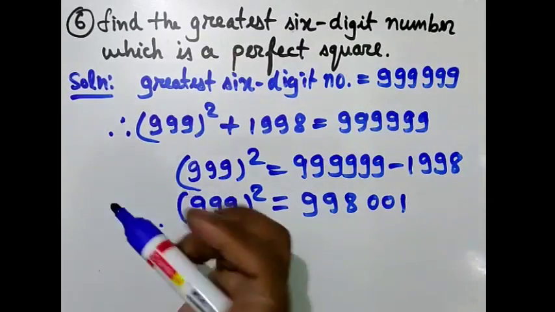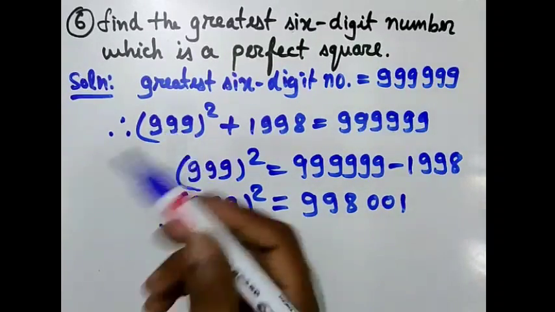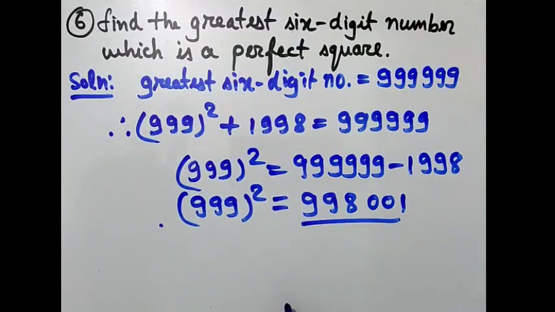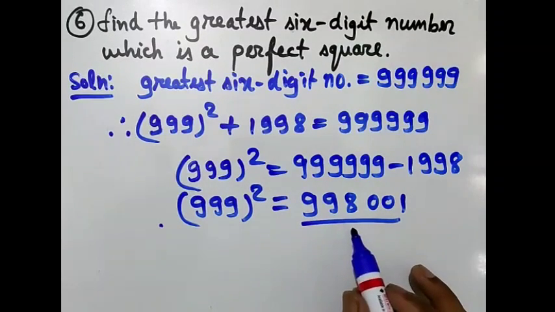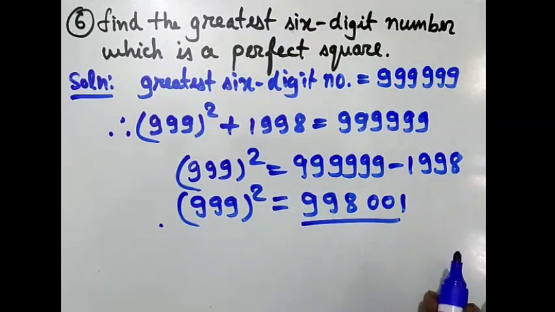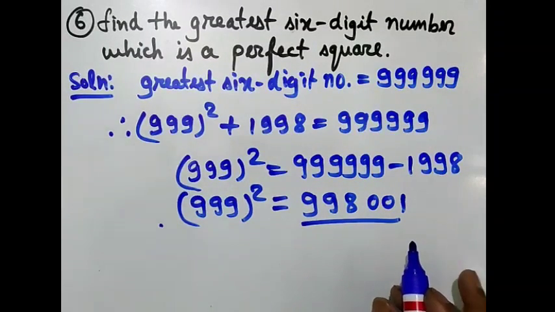So instead of multiplying 999 by 999, we can simply subtract the remainder and we can get the answer. So 9,98,001 is the greatest 6-digit number which is a perfect square.